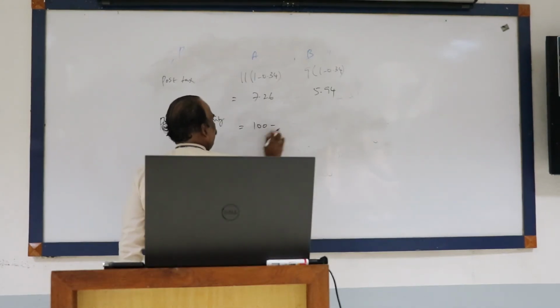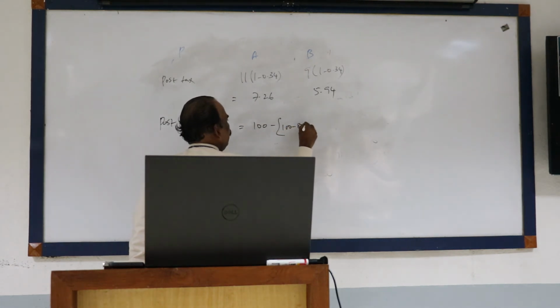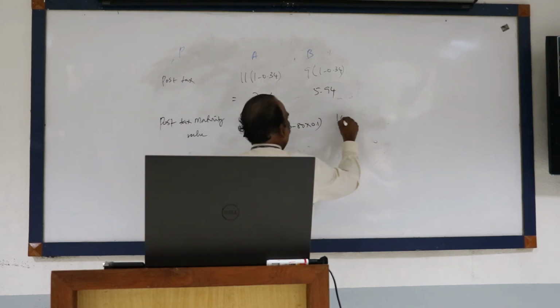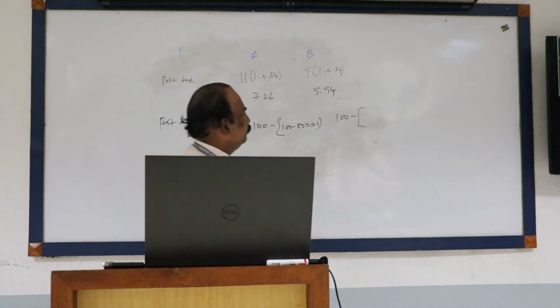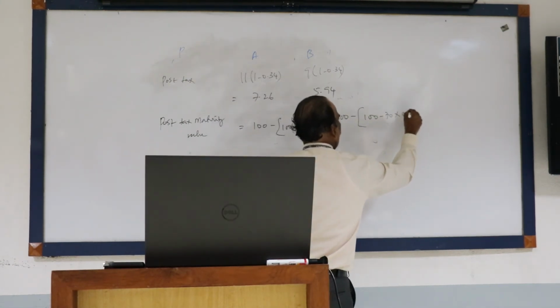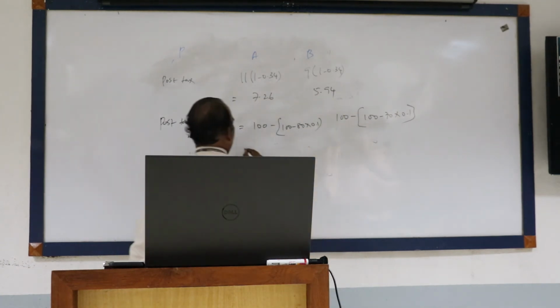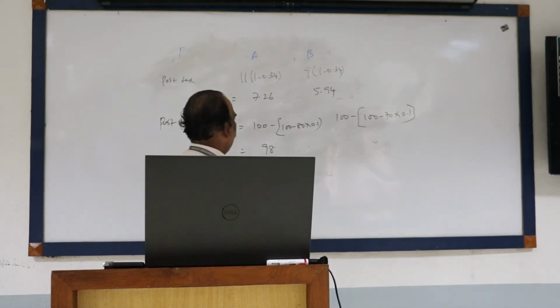So 100 minus 80 into 0.1. Here, 100 minus 70 into 0.1. That is 98, and that will be 97.